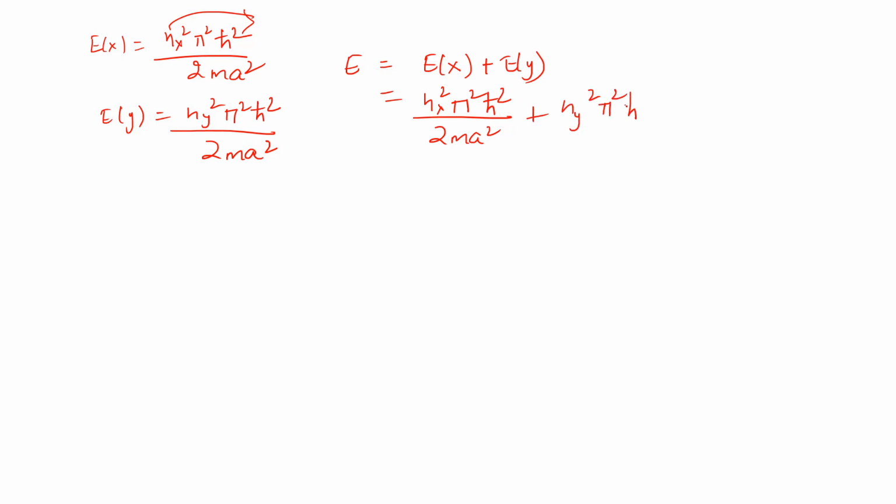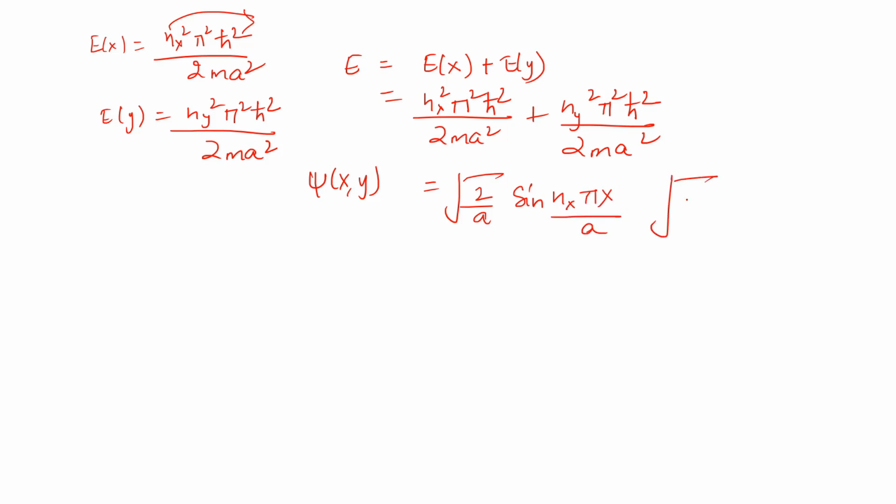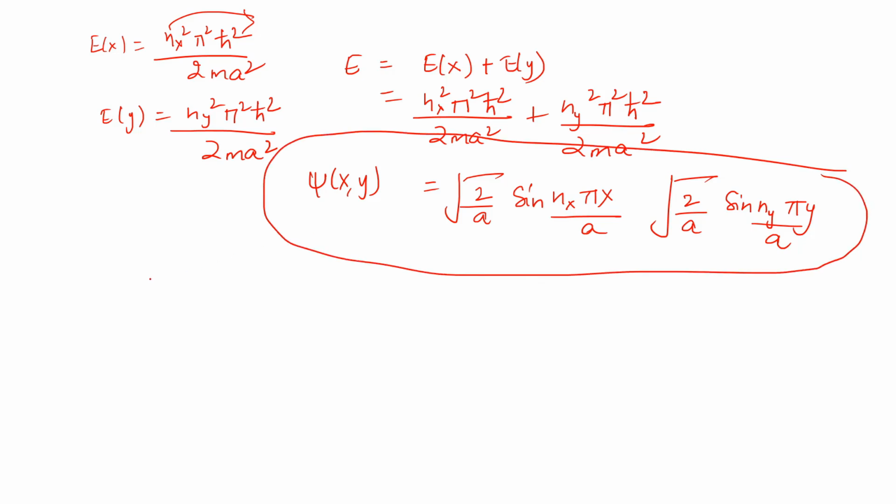The wave function will be a multiplicative function, root 2 upon a, since it is a square so length and breadth will be the same, I am taking it as a, sine nx pi x by a, times root 2 upon a sine ny pi y by a. This is the wave function form. Now coming back to the question, the energy is nx square plus ny square times pi square h cross square upon 2ma square, right?